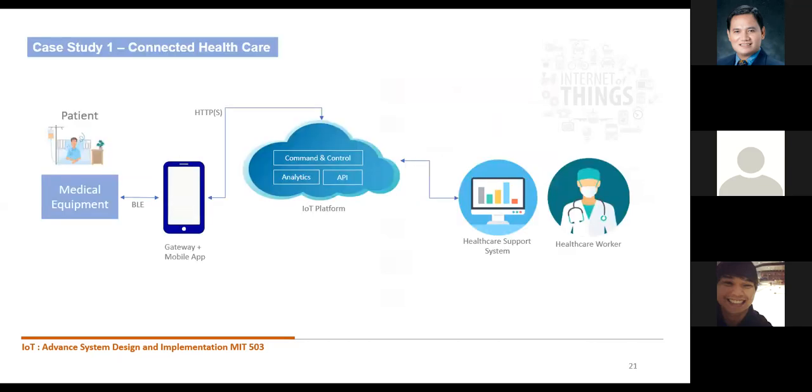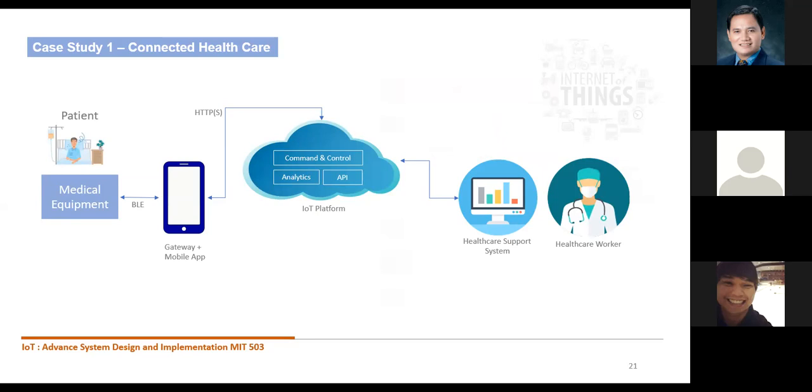Let's have an example with case study 1, connected healthcare. Like what we discussed earlier, we'll expand a bit to understand better, or set it as an example. There is the patient, and on the opposite side is the healthcare worker.